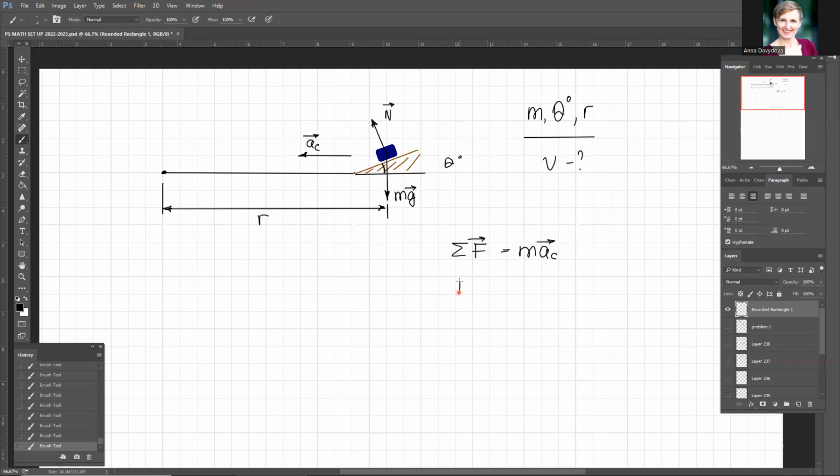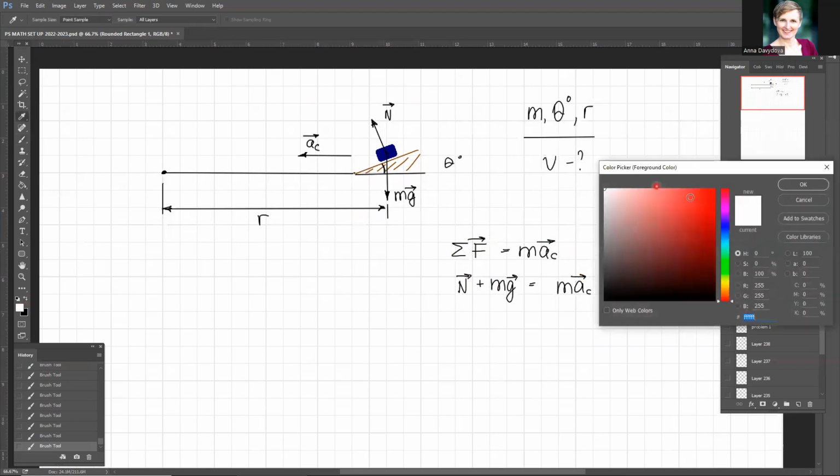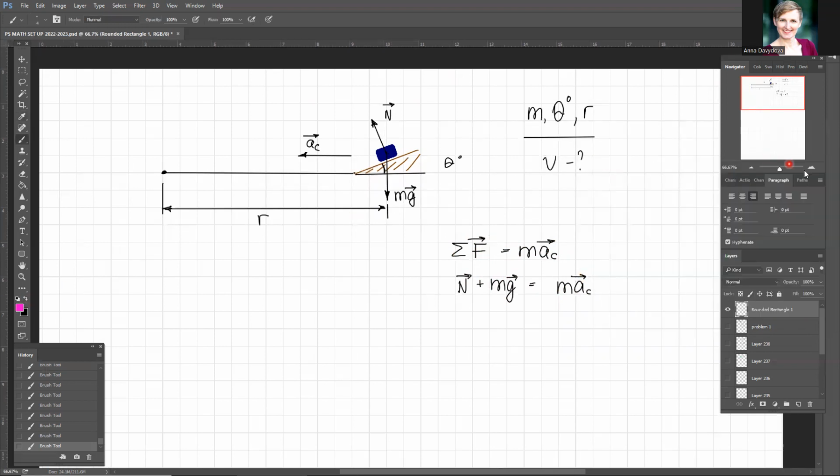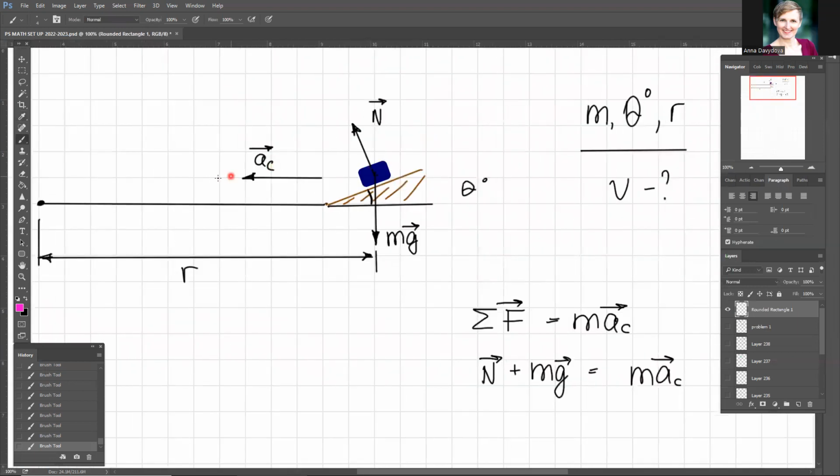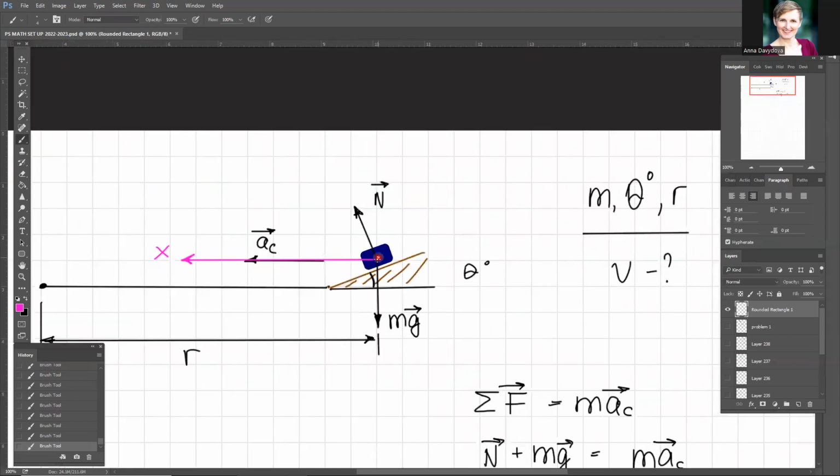And the two forces acting on a car, normal force and gravity force, we need to resolve into X and Y. That's the time when I will say again that the X-axis should be pointing in the same direction as acceleration. This is not how we used to do it before. Usually we would go along the incline. But in this case, it's pointing the same way as acceleration. So when that happens, Y is pointing up.